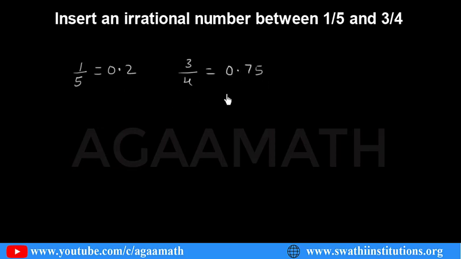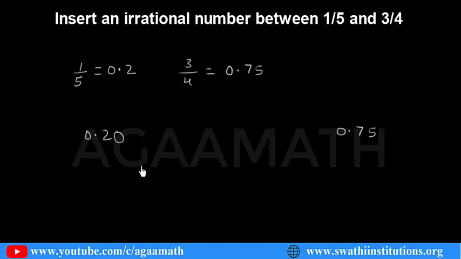So here we have two rational numbers. Now I have to insert an irrational number between these two rationals. For better understanding, to avoid confusion, since 0.75 has two decimal places, let's take 0.2 as 0.20. So we have 0.20 and 0.75.